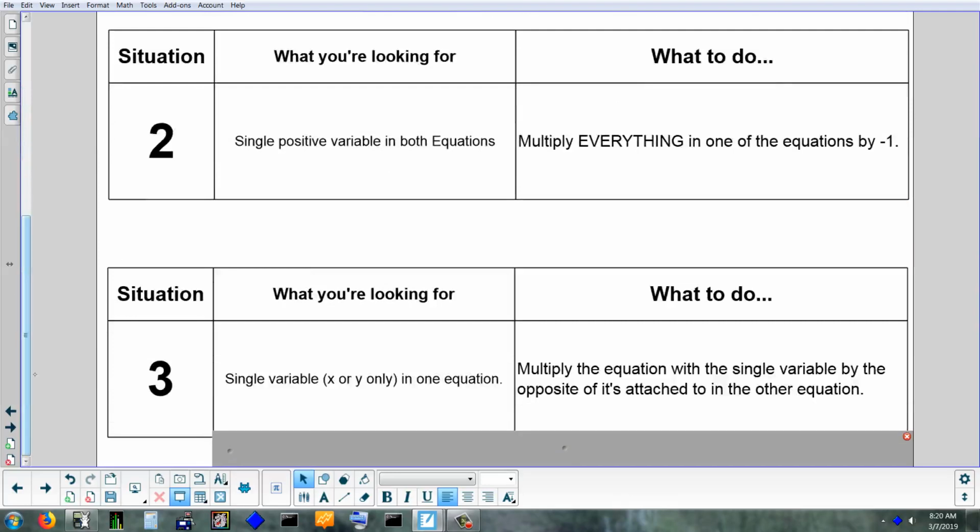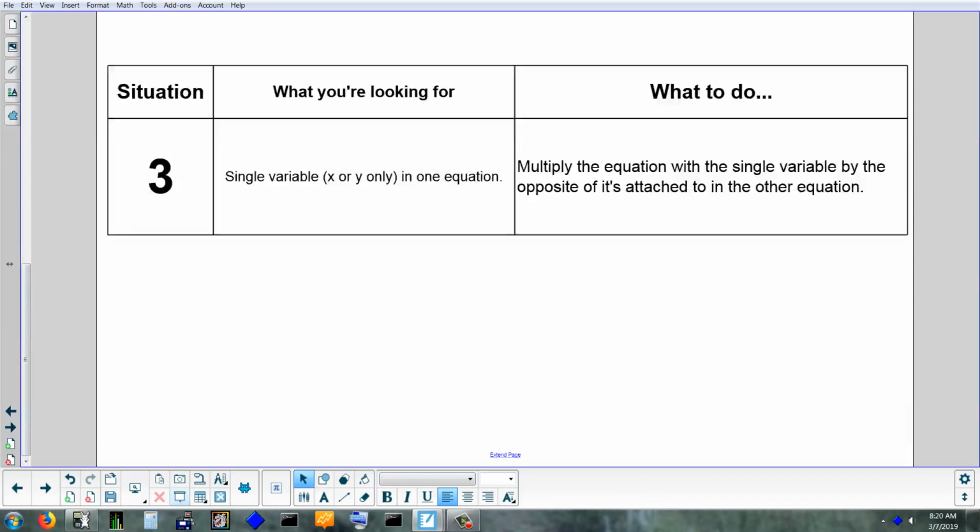Now situation 3, I told you guys how to fix that one. So situation 3, you've got a single variable, but it's only in one equation. So what to do? Multiply the equation with the single variable by the number it's attached to in the other equation. Remember, to make opposites.